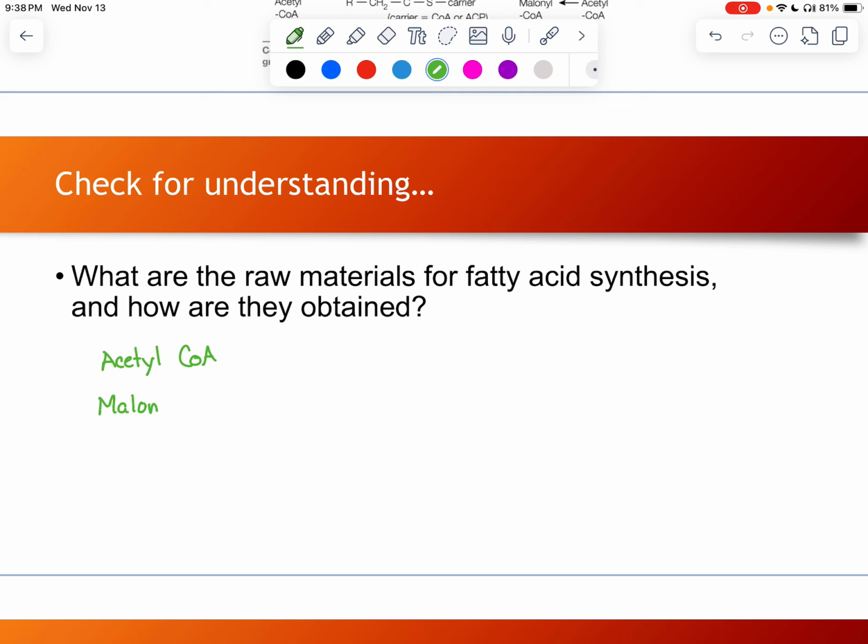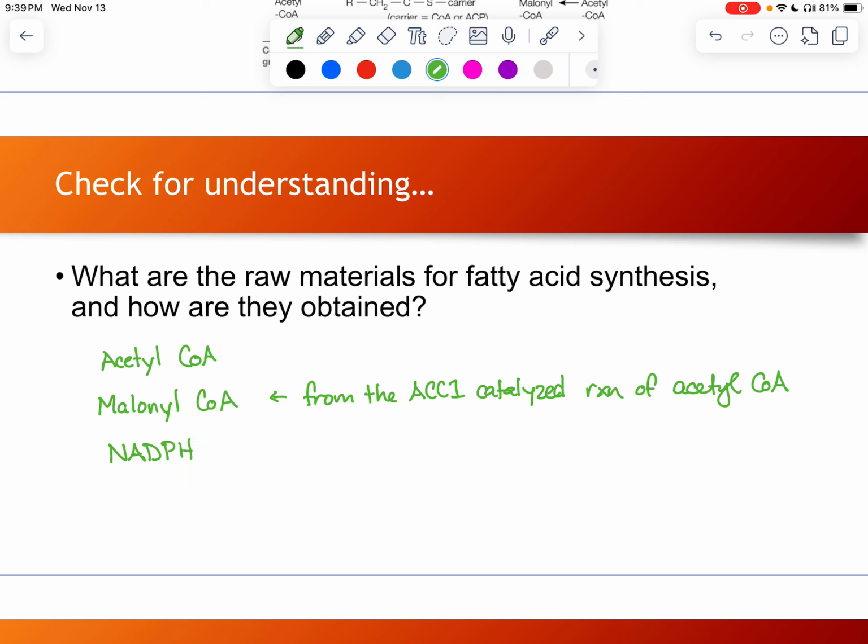We need malonyl-CoA, our activated form. We got that from the ACC1 catalyzed reaction of acetyl-CoA. So we need acetyl-CoA, but we also need this activated version. And we need that NADPH. Remember, we had to utilize some from the pentose phosphate pathway.